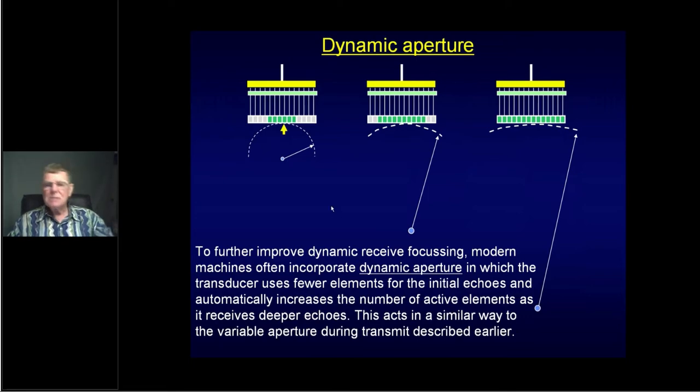So this may be used as well, but that will happen automatically and gradually through the receipt of all the echoes throughout that whole length of field of view of that beam path. Now, receive focusing is automatic. You do not adjust it. The machine will just be doing this for you all the time.